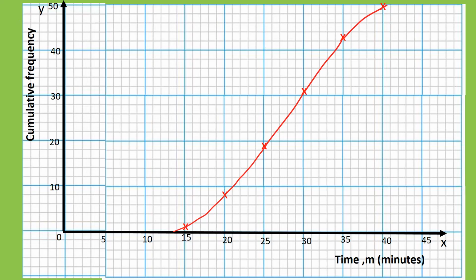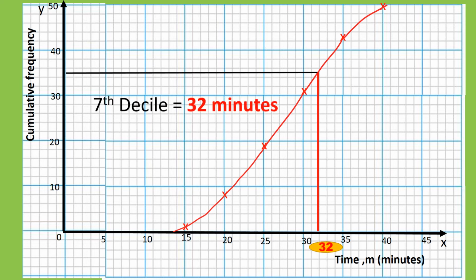Then to our graph, we identify 35, then draw a line towards the curve and drop downwards. On the x-axis, we read this value, which is 32, and then declare that the 7th decile is 32 minutes.